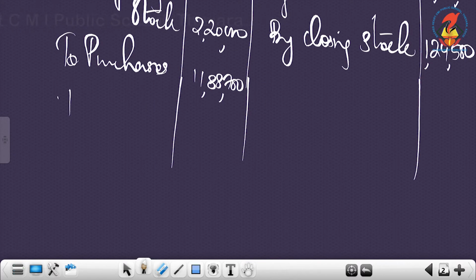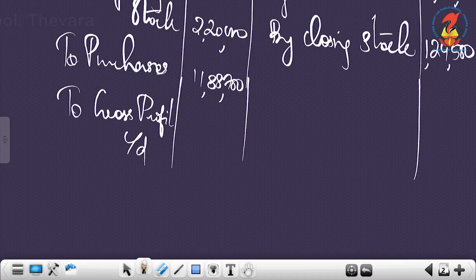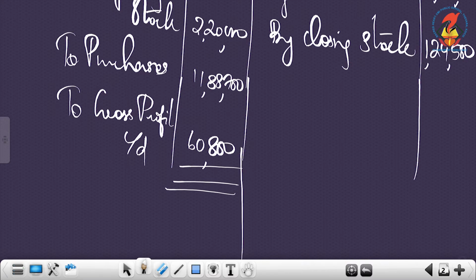Here we are getting a gross profit. So to gross profit carry down, the amount is 60,800. Write the totals, then we can move on to P&L account. Always totals must come on the same line on both sides. 14,69,500, that is your total.